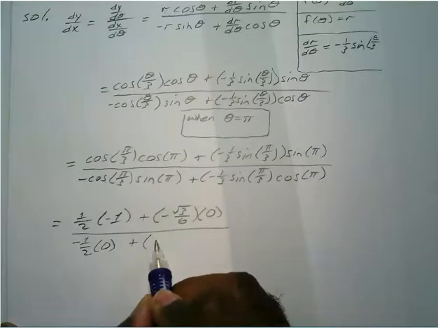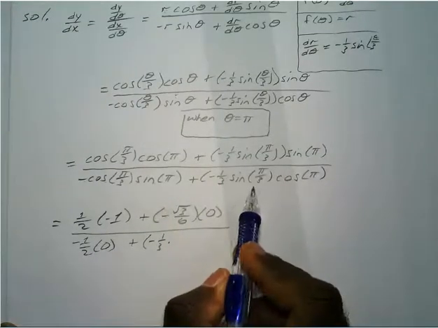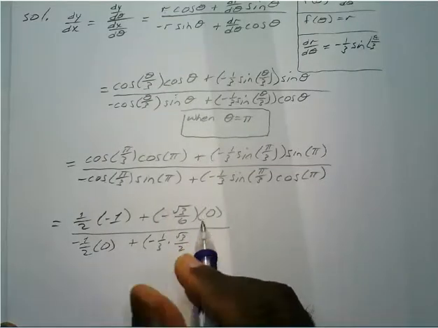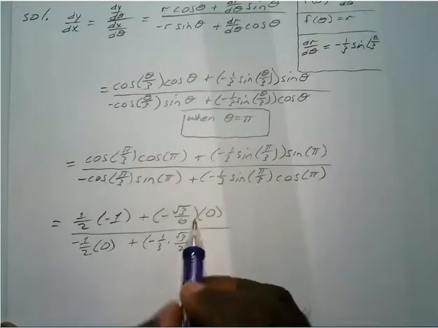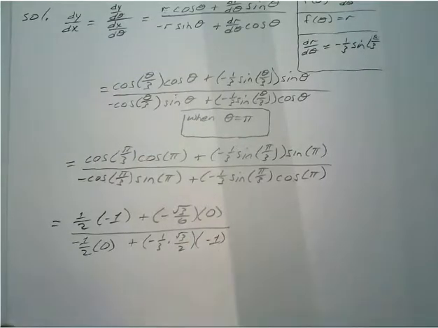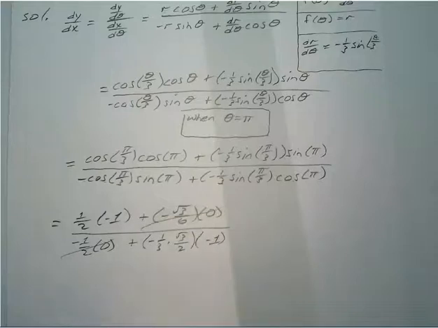Plus -1/3 times square root of 3 over 2. That's -square root of 3 over 6. So that's cosine of pi, again, is -1. Alright, so again, everything multiplied by 0, those terms disappear.